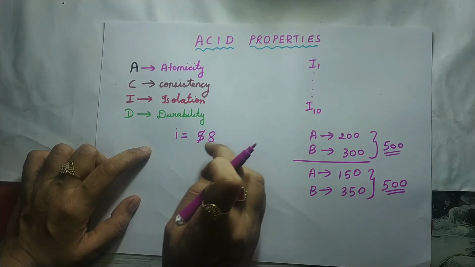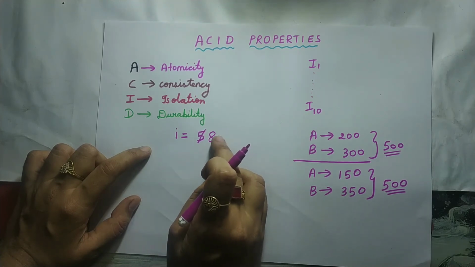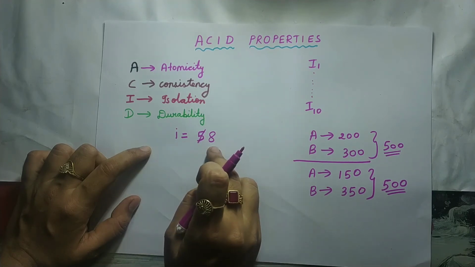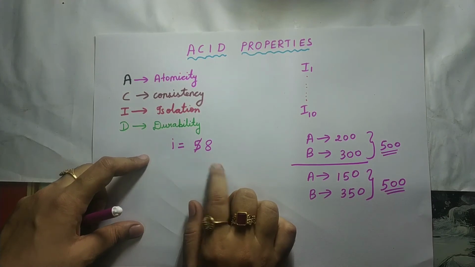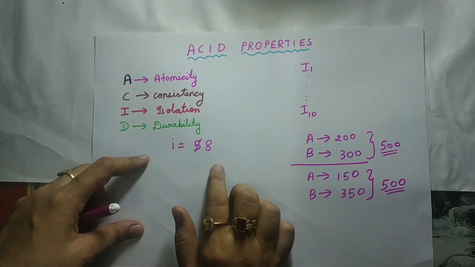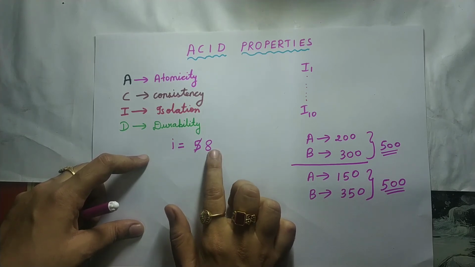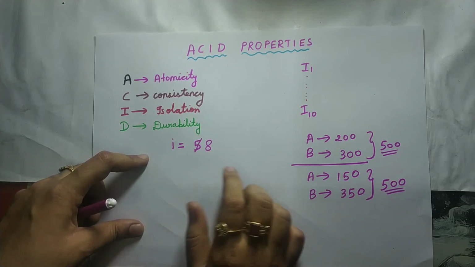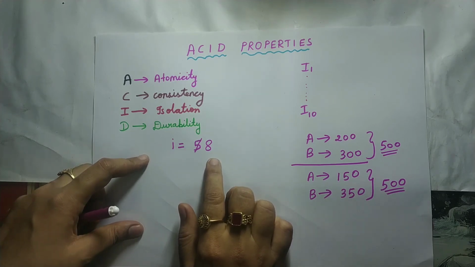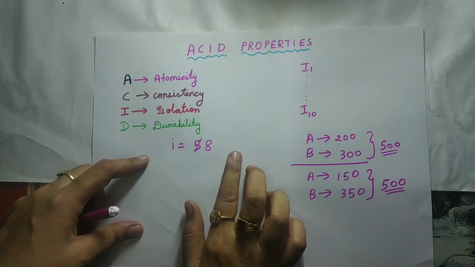Only if I make a change to it, it should change. If I'm not making any change to it, the value of I should be 8 only. This value, which is 8, should not be changed. That is, the data should not get lost. This 8 cannot suddenly change to 3 or 4 without me making a change to it. So that is about durability.